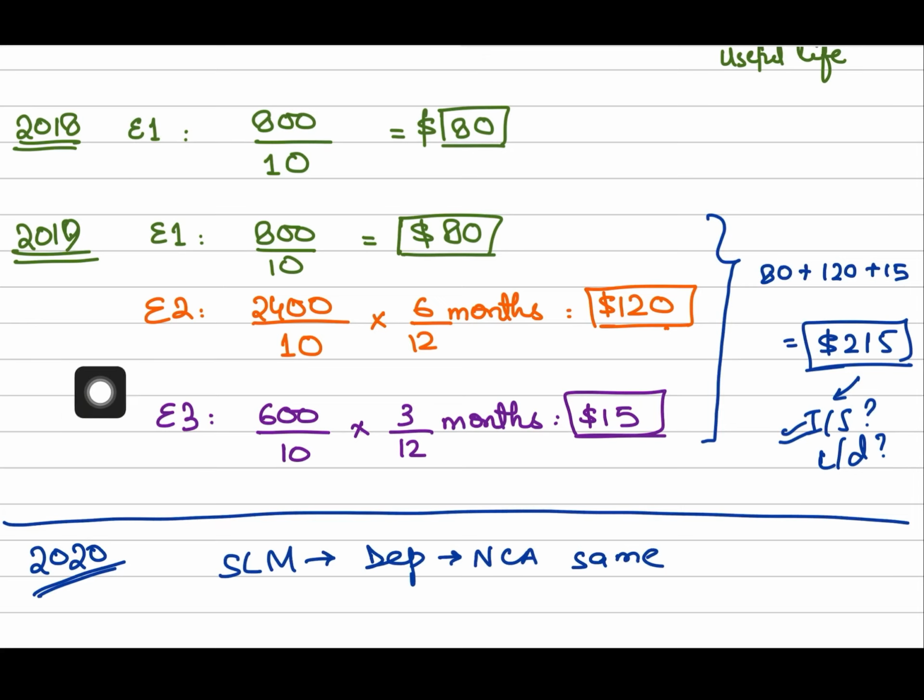For equipment 1 in 2018 and for equipment 2 and 3 in 2019 we have done that. Now we know that since these 3 assets were there in the business for full 12 months, we don't have to prorate it according to the number of months. So why go through the hassle of calculating depreciation separately on each of these assets if we know that the useful life is also the same?